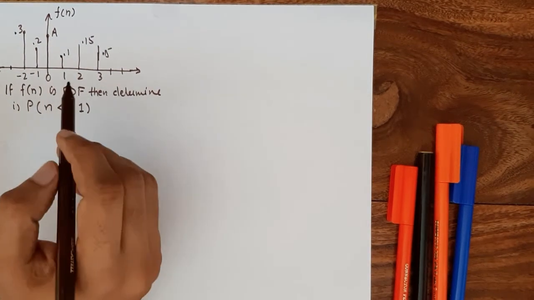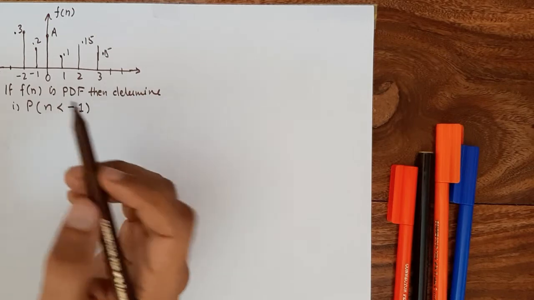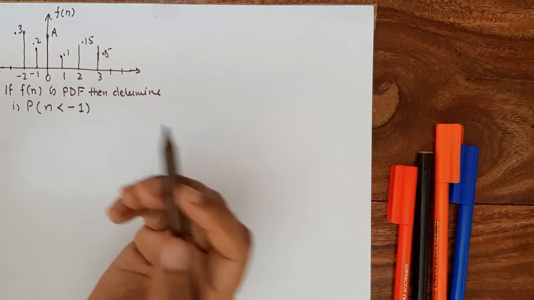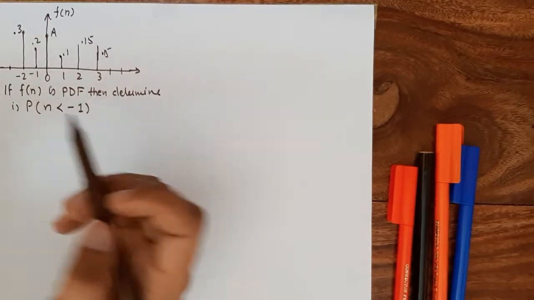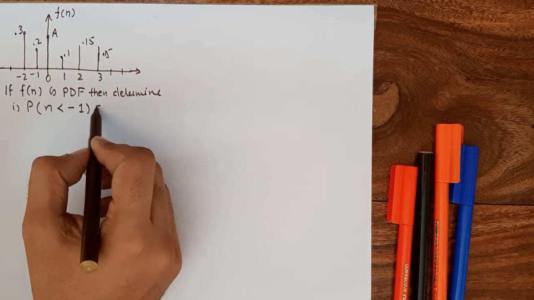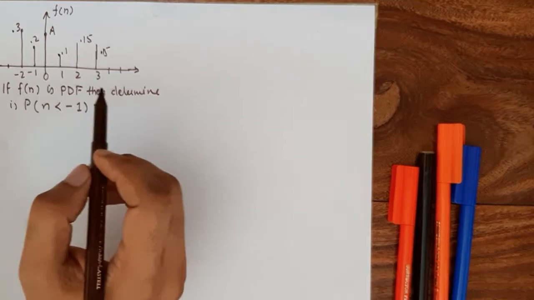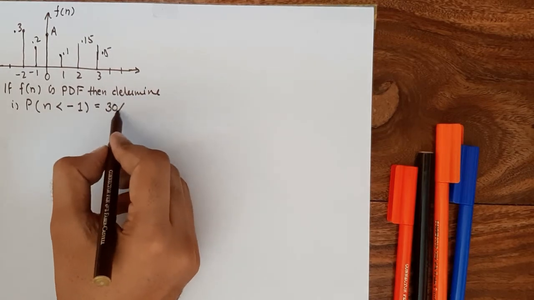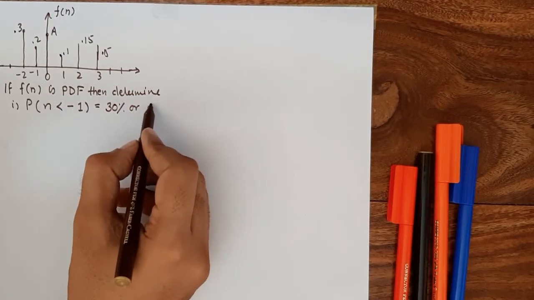So we know that this function has only one possible value less than -1 for which it gives an output, and that is -2. So the probability of this event for all the values which are less than -1 is just 30%, or we can say it is 0.3.